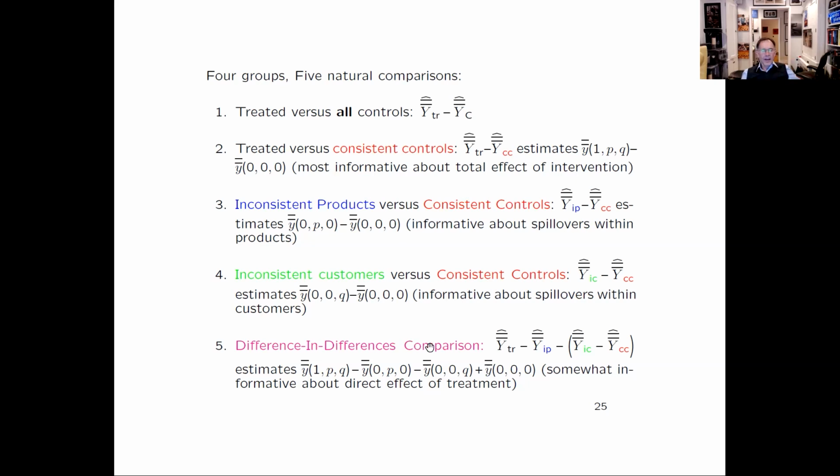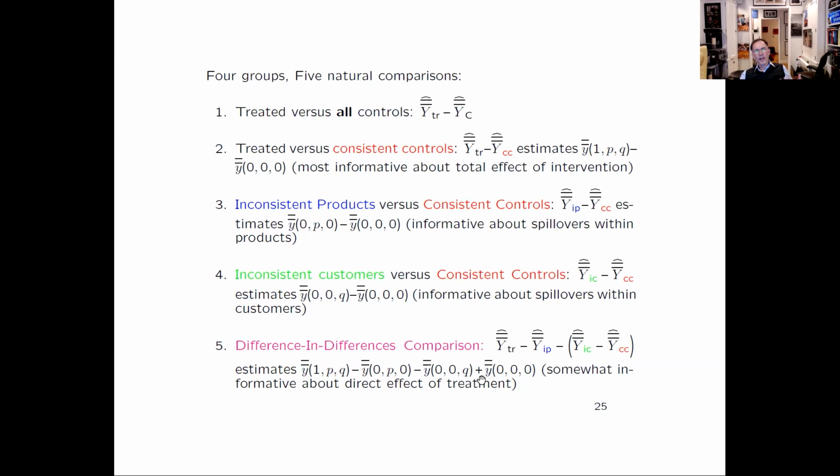And then the last interesting comparison is one where we do a difference in differences type comparison, and that tells us, at least under additivity of the spillovers within customers and their products, something about the direct effect of the treatment.